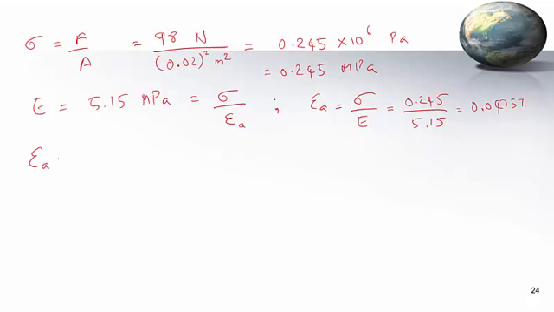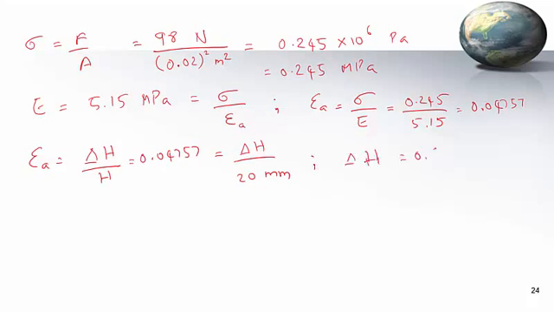The axial strain is the change in height over the original height, so 0.04757 equals delta H over 20 millimeters. Therefore, delta H equals 0.95 millimeters.